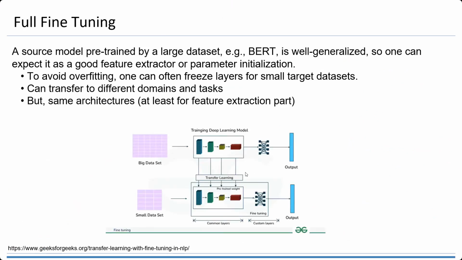So in transfer learning, we learn about full fine tuning. So every weight in the model, let's say we use BERT, we transfer into the target domain. We transfer everything.